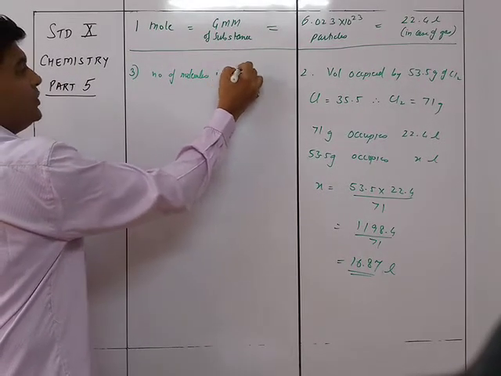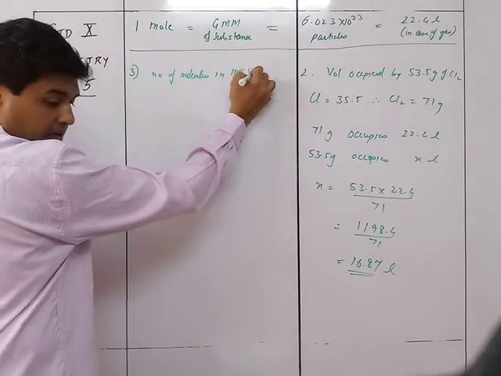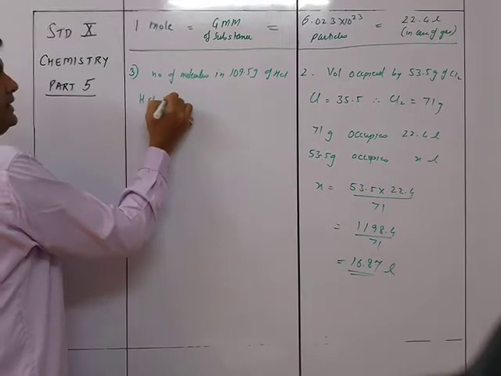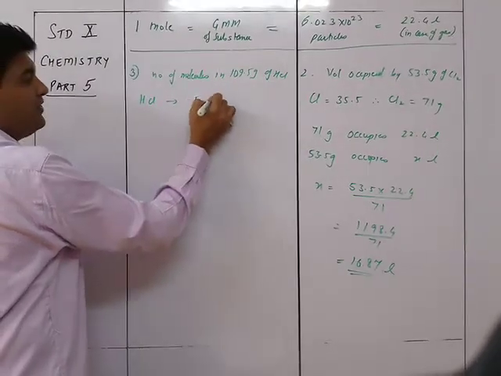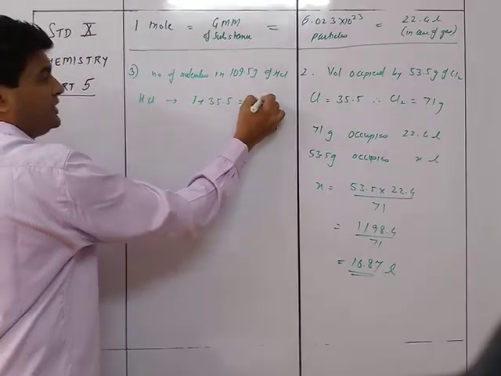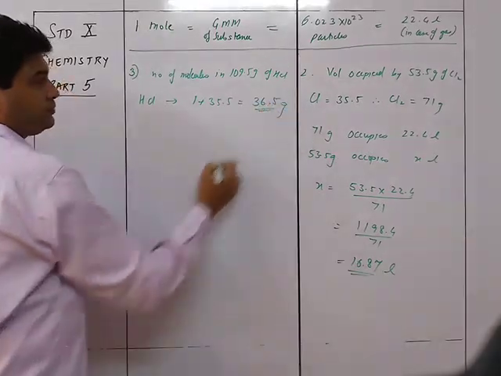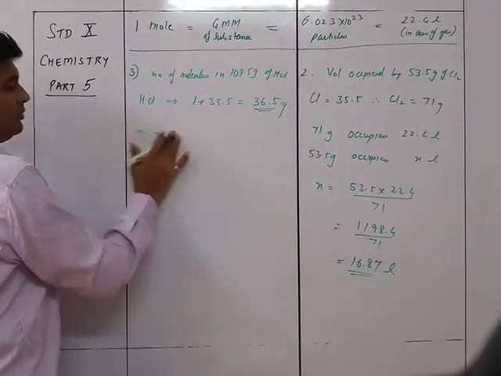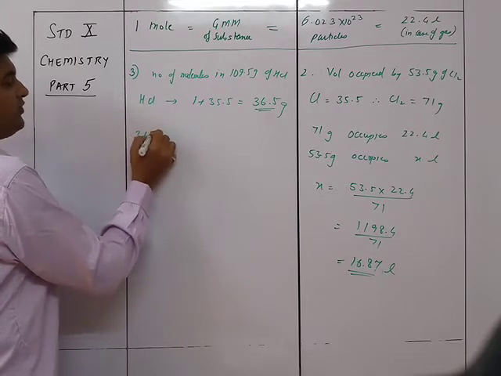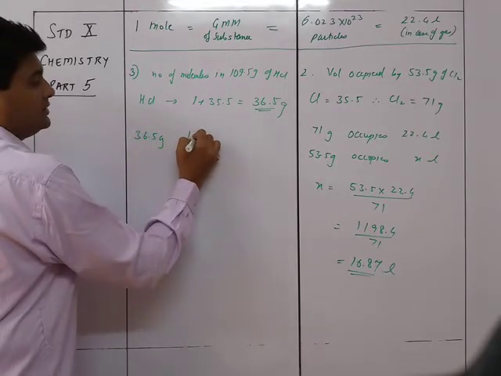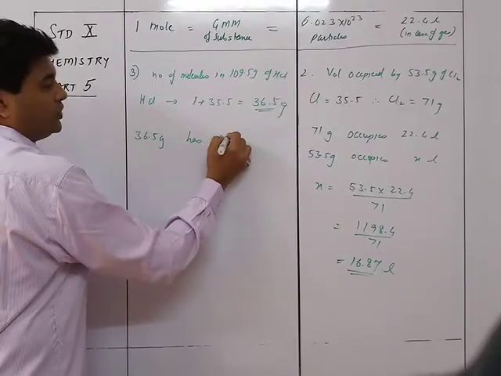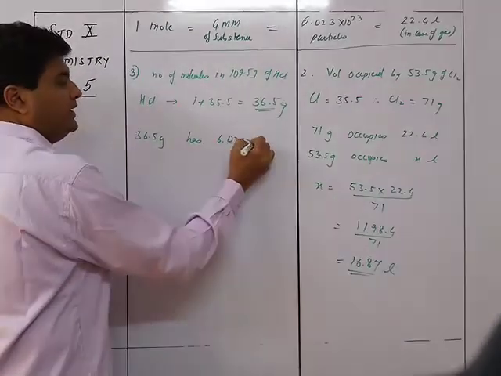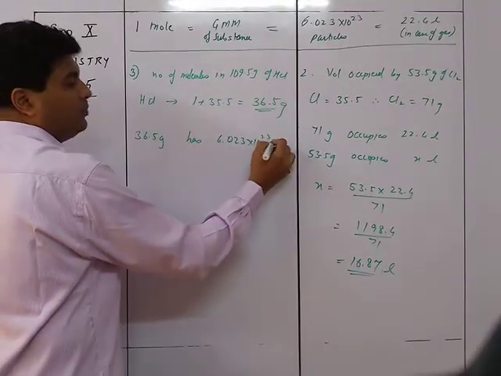HCl is 1 plus 35.5, which is 36.5 grams. So you know that 36.5 grams has 6.023 into 10 raised to 23 molecules.